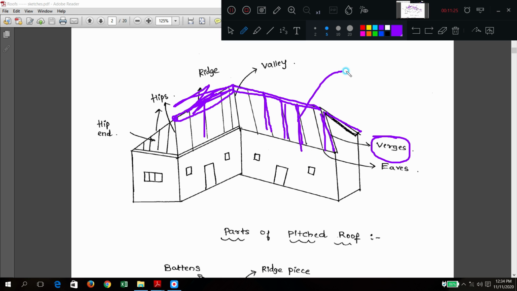Common rafters are also called spars. These are wooden members. They run from the ridge piece to the eaves board.